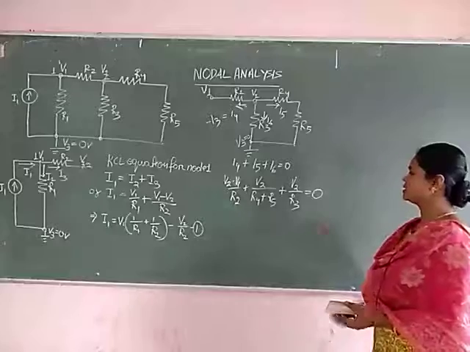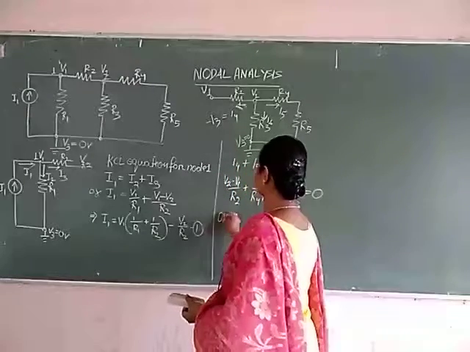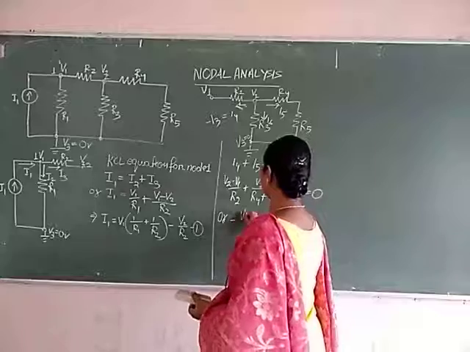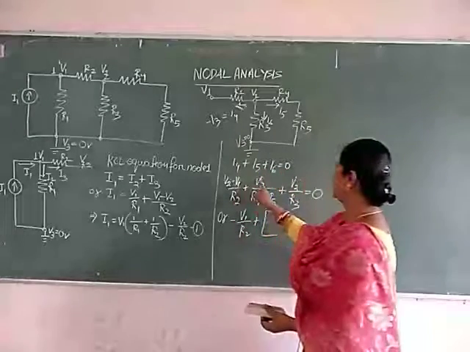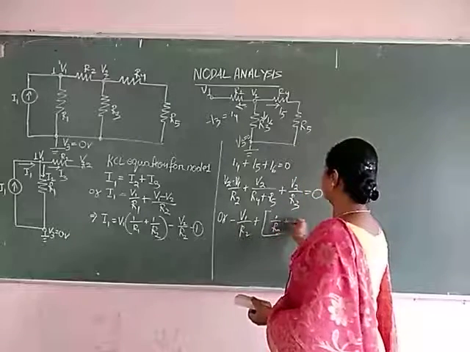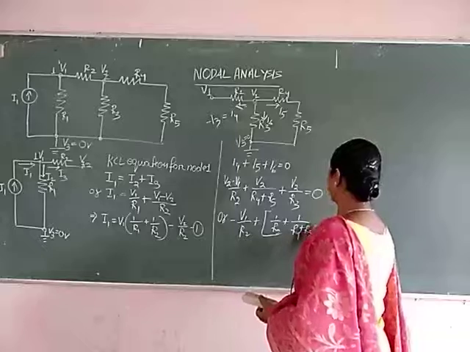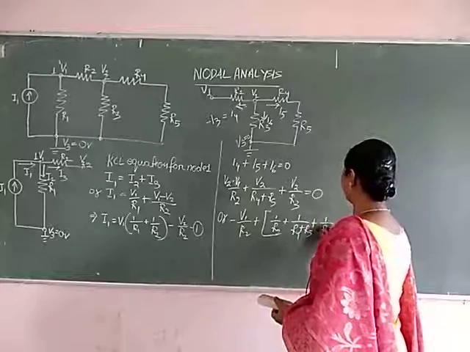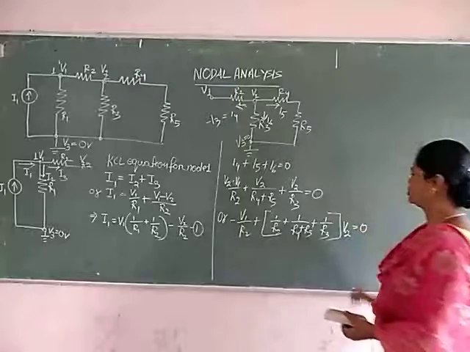If you simplify this equation, you get minus V1 by R2, and if you take V2 common, (1 by R2 plus 1 by (R4 plus R5) plus 1 by R3) into V2 equal to 0.